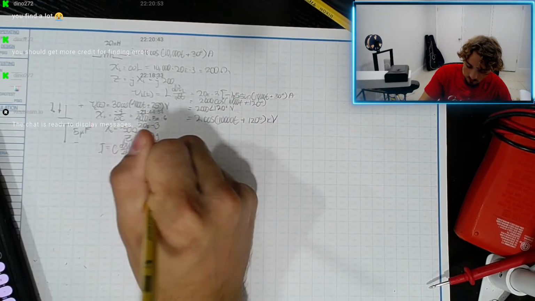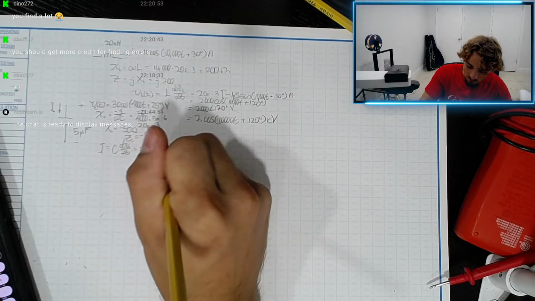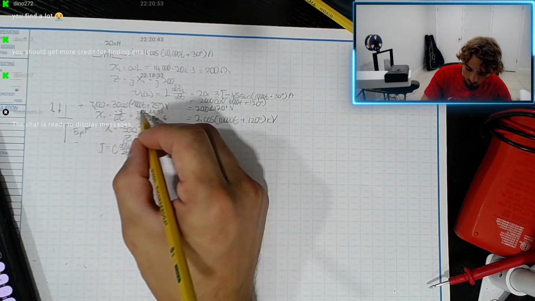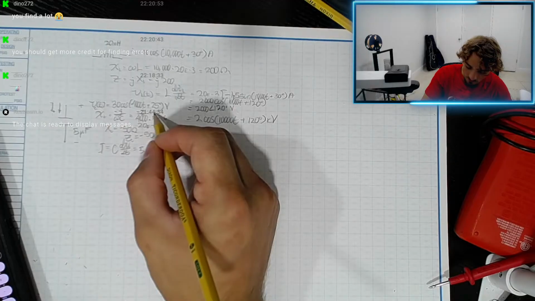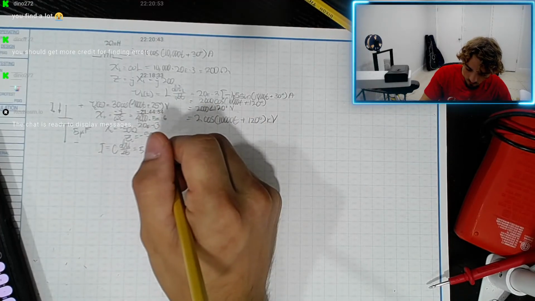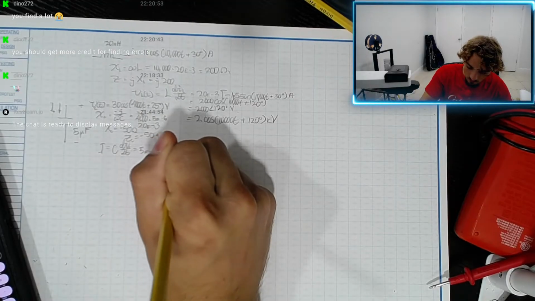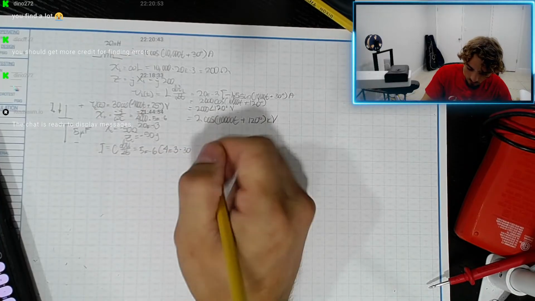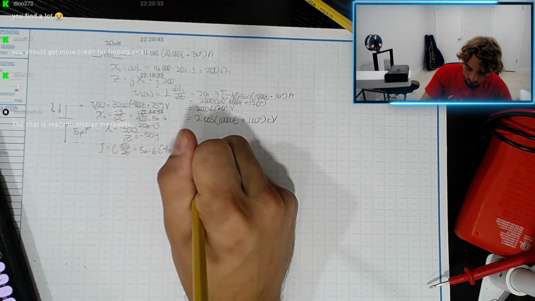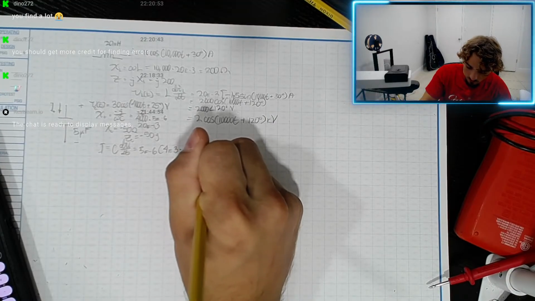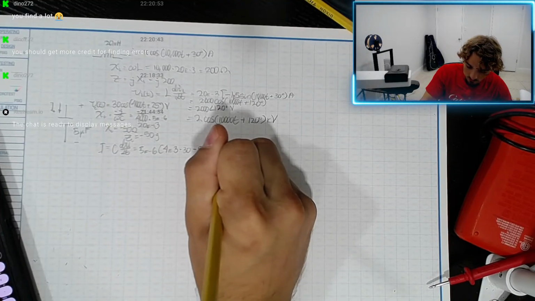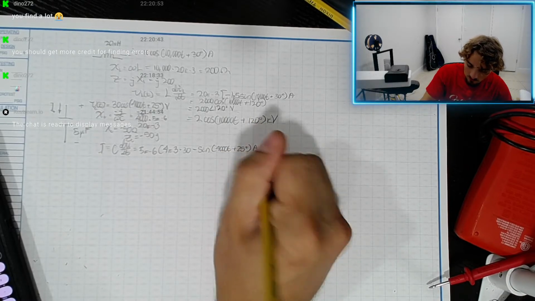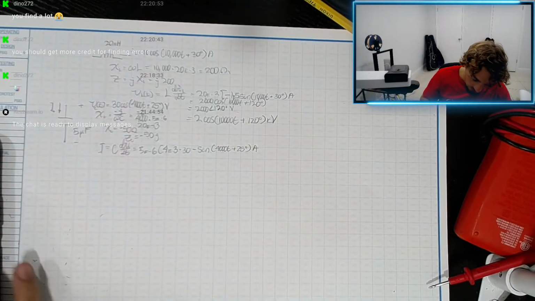So 5e negative 6, multiplied by 30 cosine 4000 t plus 25 degrees. The derivative brings down 4e3 multiplied by 30 with a negative sign, and the sine of 4000 t plus 25 degrees. Okay, yeah, just like this, amps.